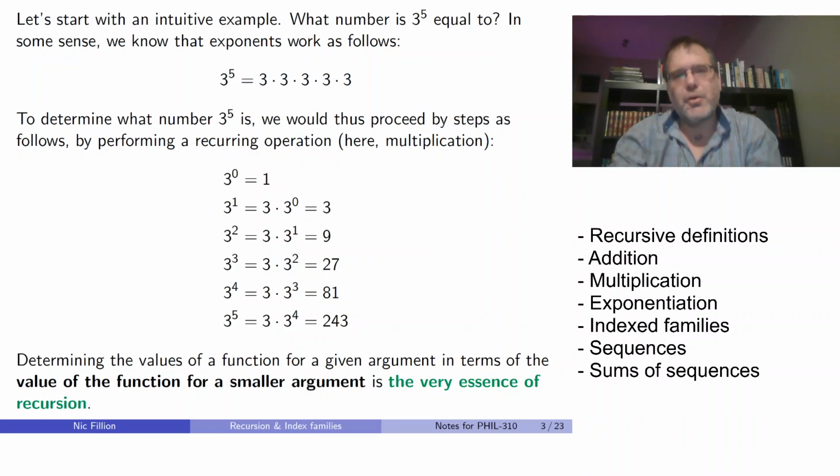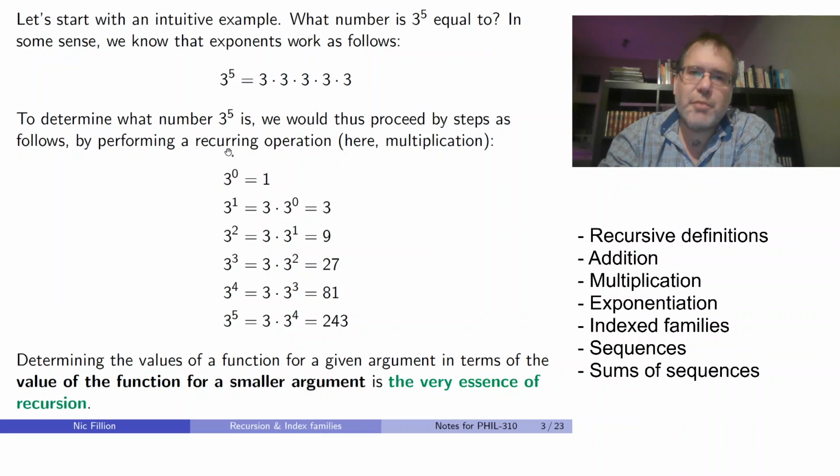But if you break it down a little bit, instead of multiplying the 5 numbers all at once, you could look at it as a sequence of very simple steps where you just multiply two numbers, and that's going to be the basis for that process of recursive definition that we're going to look at.